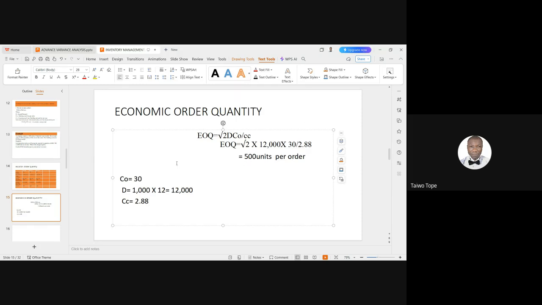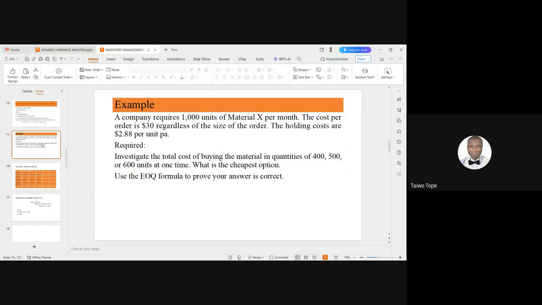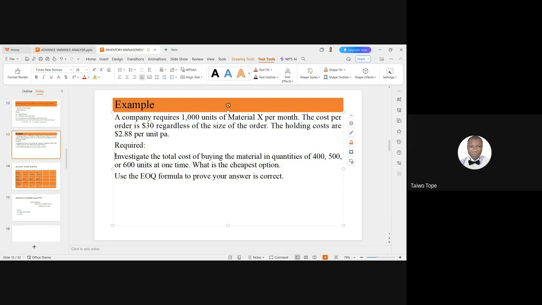Some questions will just give you these values and say determine the economic order quantity. Yes, but this question has gone further to try to make us understand something. So let's look at another one that you are going to solve yourself.